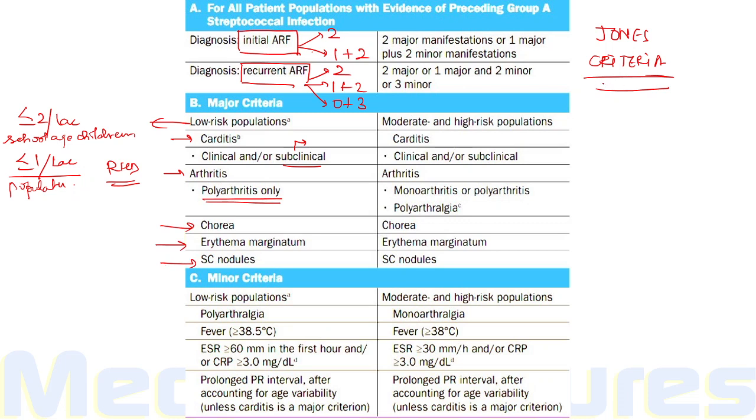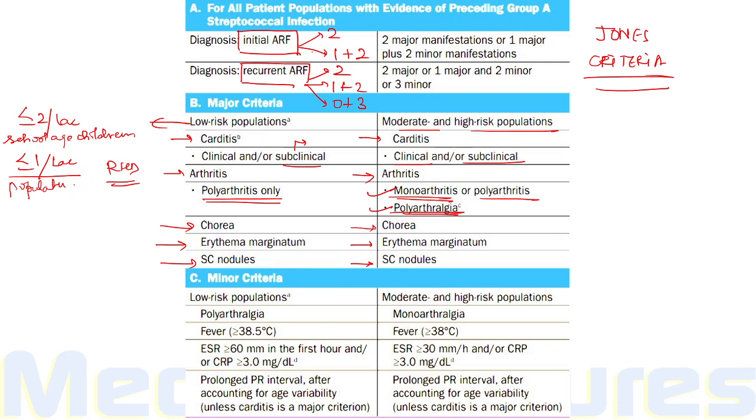Now for moderate to high risk populations, again we have carditis, which can again be clinical or subclinical. In arthritis, along with polyarthritis, monoarthritis as well as polyarthralgia is also considered in moderate and high risk populations. Then the chorea, erythema marginatum and subcutaneous nodules will remain the same.